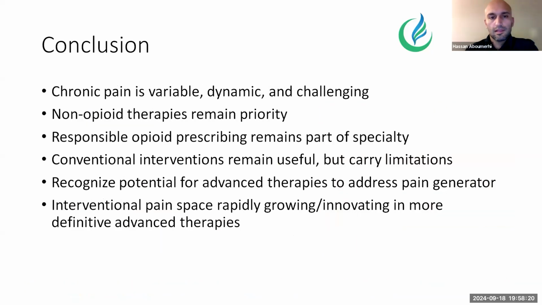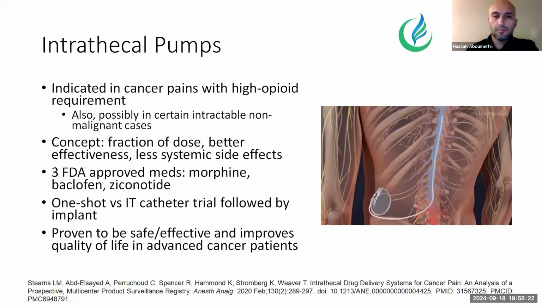And then the last thing I'll mention here is intrathecal pumps. Intrathecal pumps have been around for a while. Spinal cord stimulation was in its infancy back in the 60s and has really come leaps and bounds in the last 10 years alone. Intrathecal pumps themselves have been around for a long time as well.